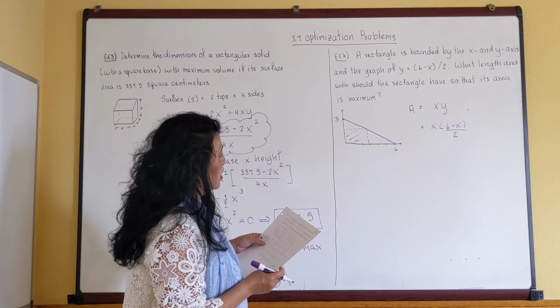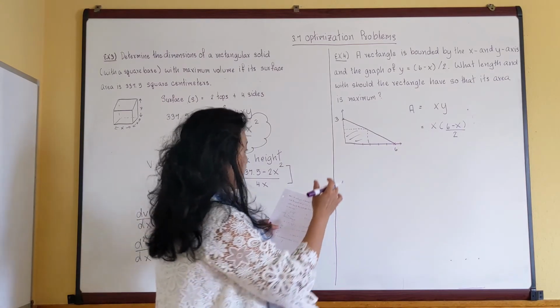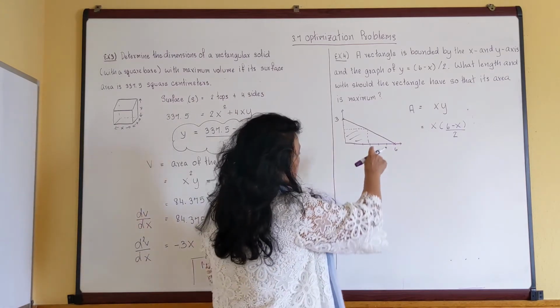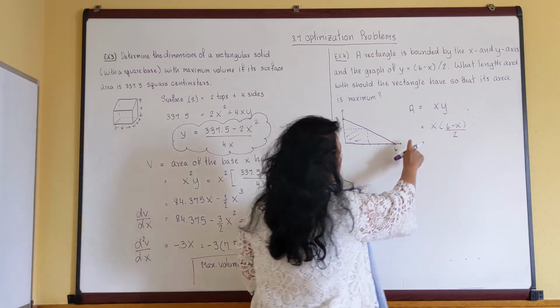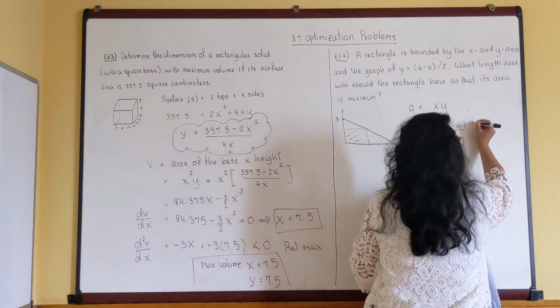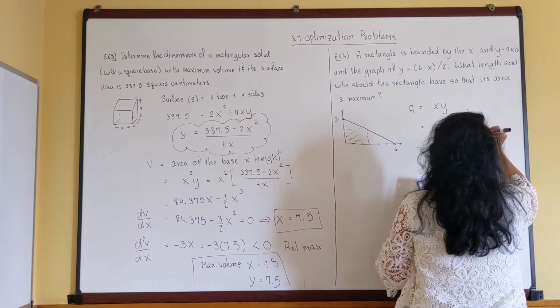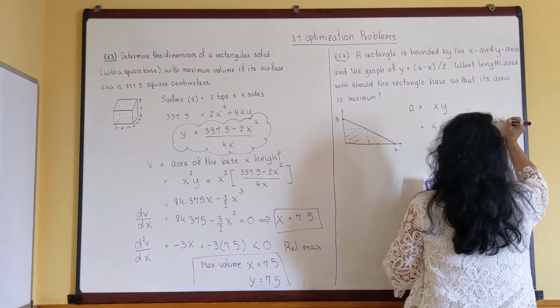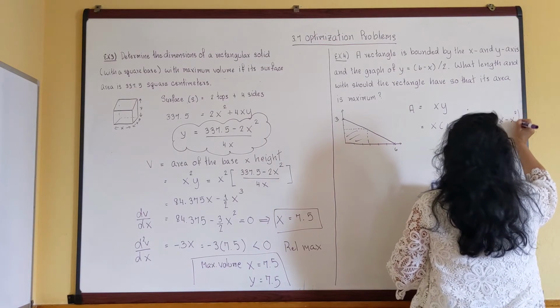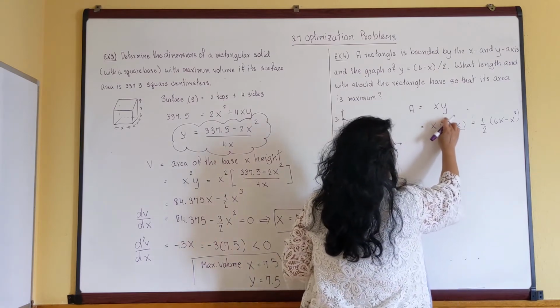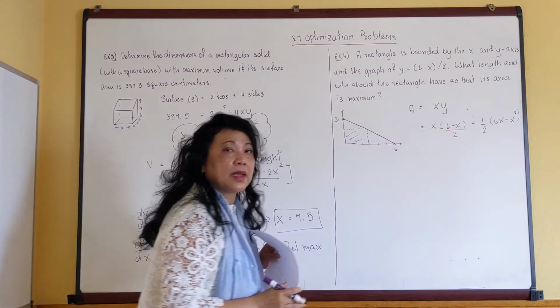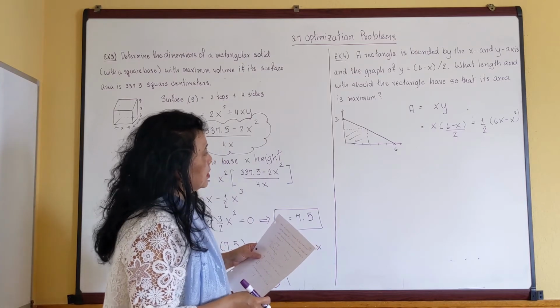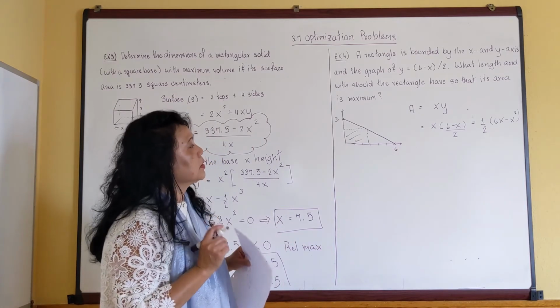Next step, what did I do? I take the 1/2, distribute the x in and take out the 1/2, so I have 1/2 (6x minus x squared). I distribute the x in. Next step, I'm going to find the critical number.